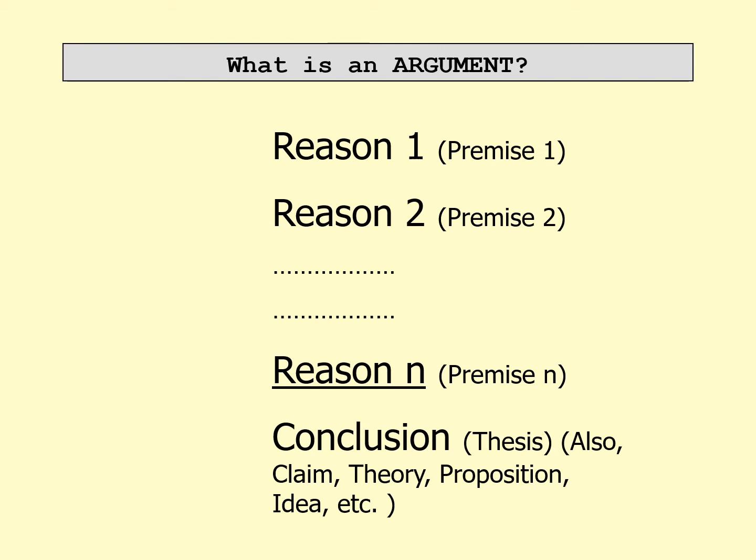Premises are sometimes referred to as assumptions. The important thing to remember is that premises are reasons in support of the conclusion that logically follows from those reasons. The conclusion may also be called a proposition, a claim, a hypothesis, among many other names.